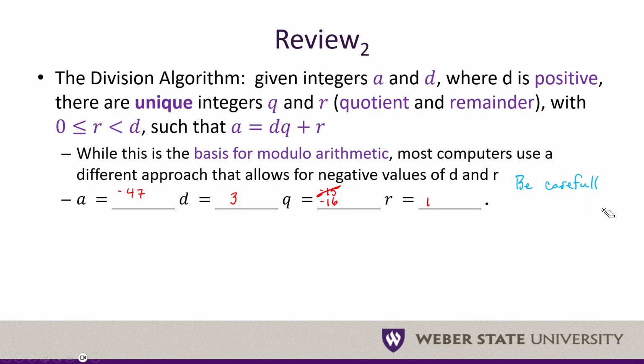Be careful: 0 must be less than or equal to R, and R must be less than D. D is positive. So what would happen if A was 0 and D was 3?